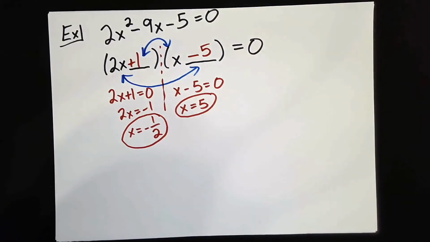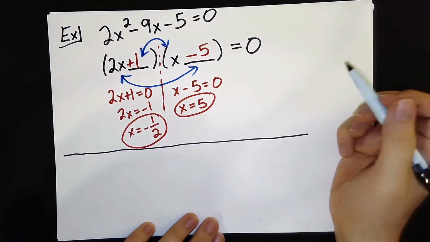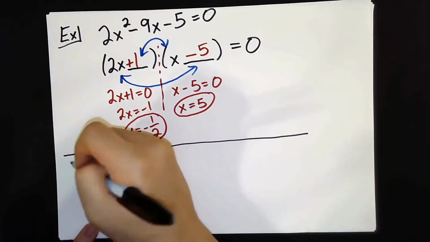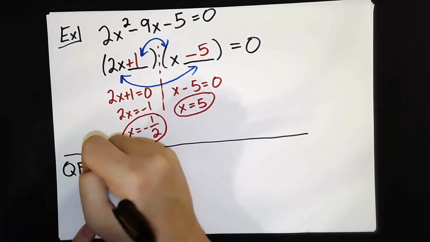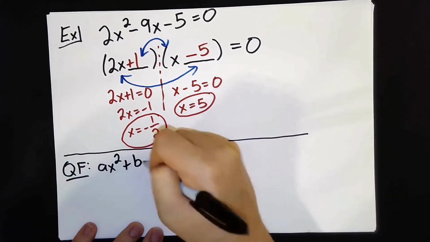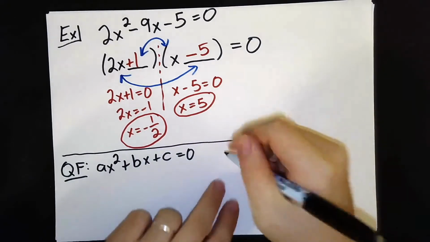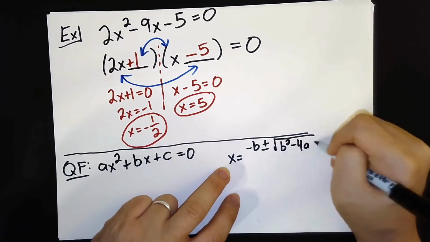Now, I want to go ahead and note there's another way you might think of doing this, which is you might also think of using the quadratic formula. And what does the quadratic formula say? The quadratic formula says that if you're looking at the polynomial ax squared plus bx plus c equals 0, then the solutions to this are given by this thing.